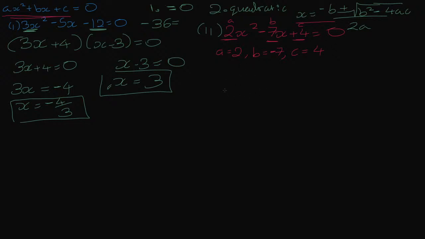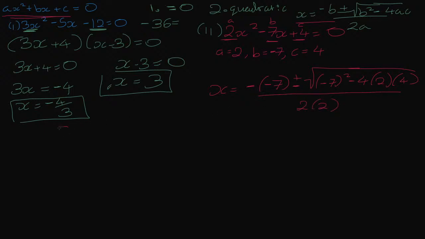Now let's just sub them in. We'd have x is equal to minus, sub them in with brackets, remember, so you don't get mixed up. So minus b, which is 7, plus or minus the square root of b squared, which would be minus 7 squared, minus 4 by 2 by 4, all over 2 by 2.